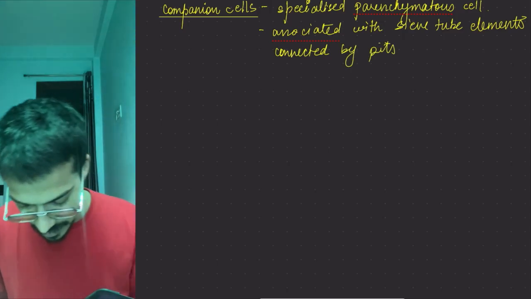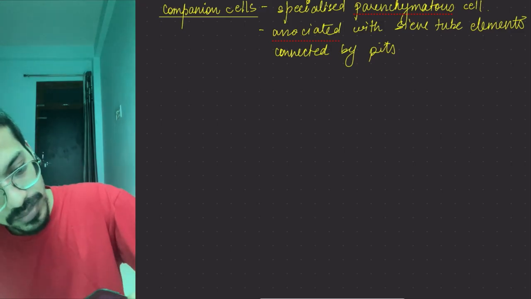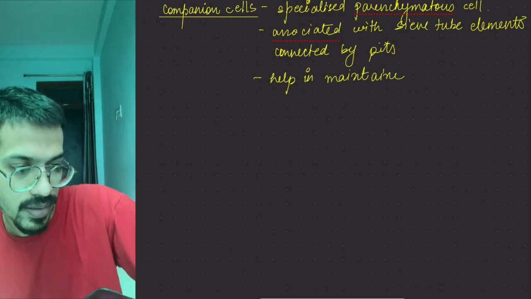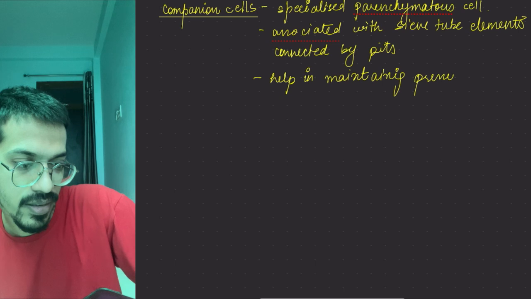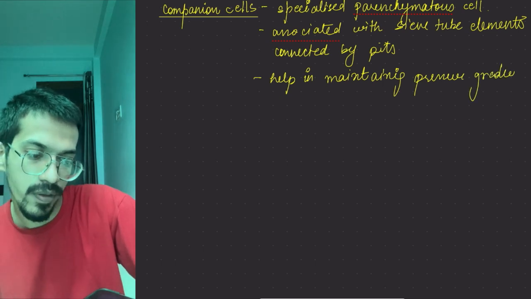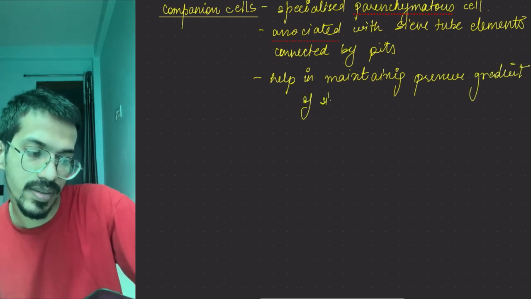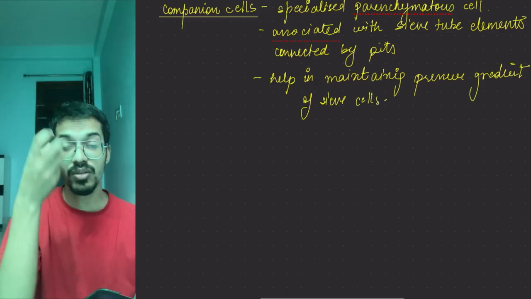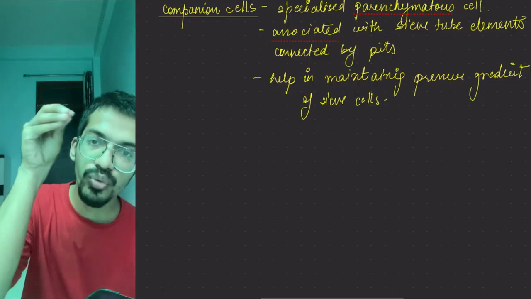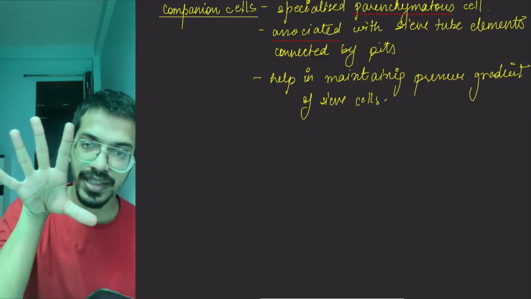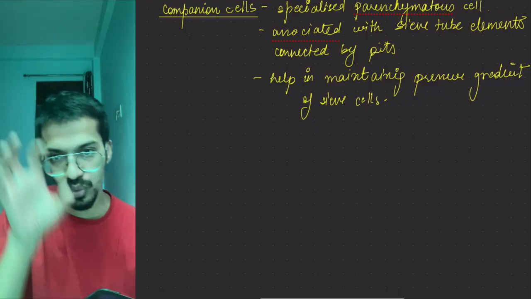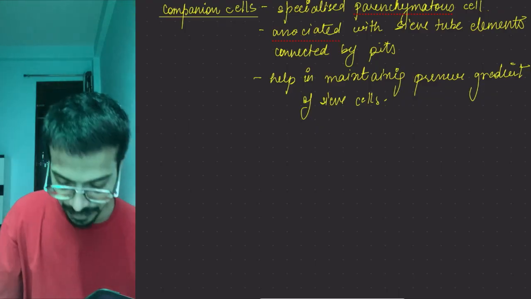Okay, next thing is that they help in maintaining the pressure gradient of sieve cells. Means basically that you know that sieve tubes will be having food coming up. As more food keeps on coming in, pressure will keep on increasing. So they help in that passing. When the pressure is more, they pass the food to the next cell. So their function is like that.